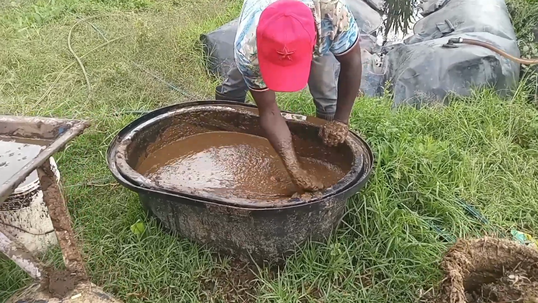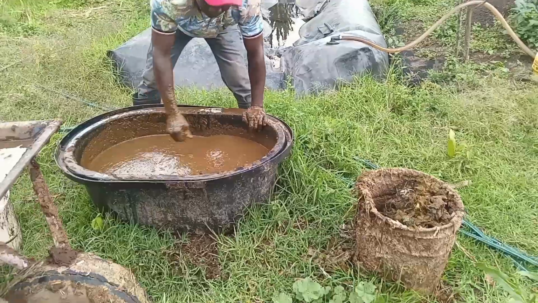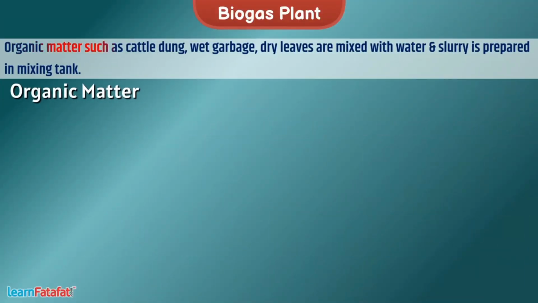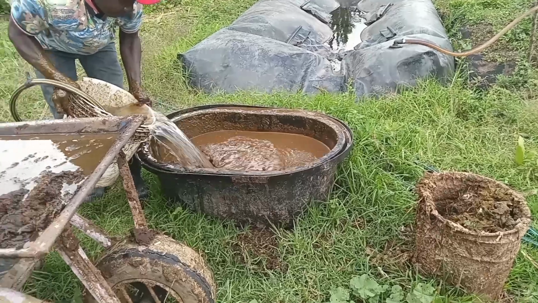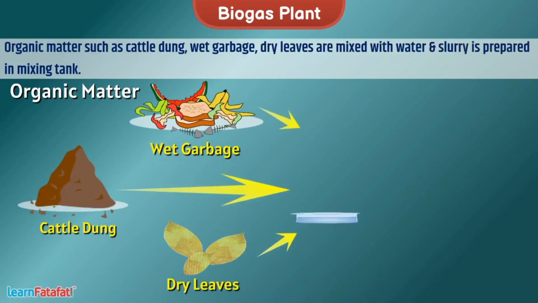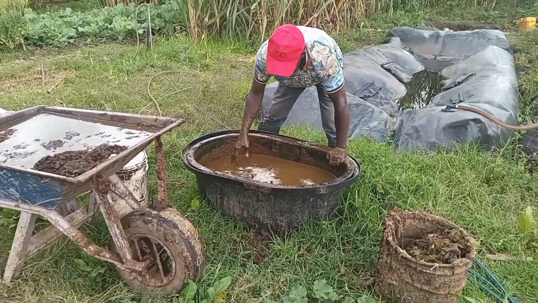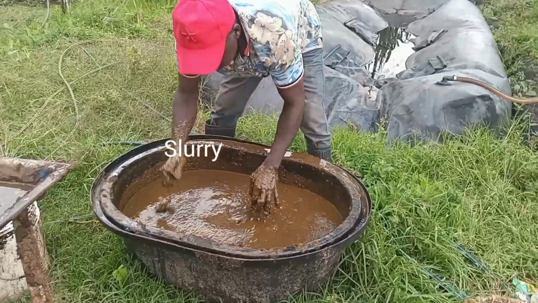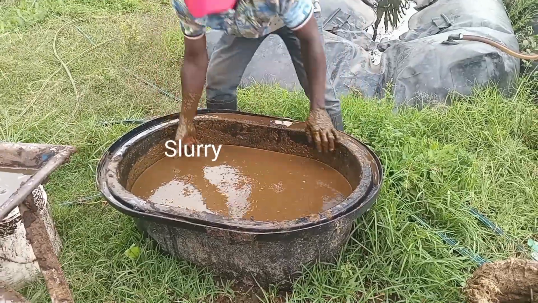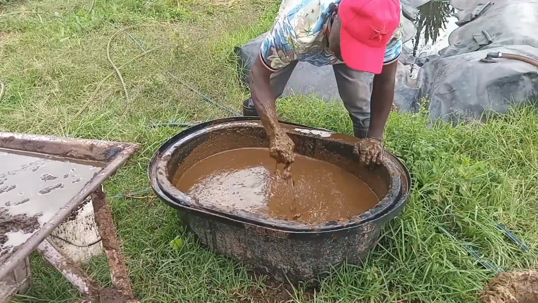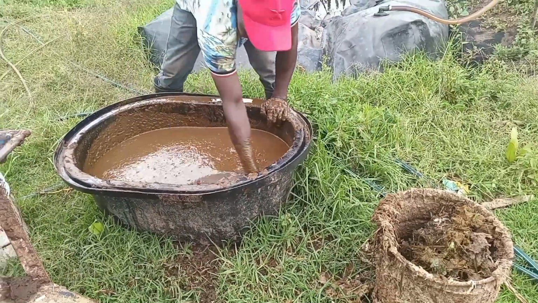Organic materials like cow dung, wet garbage, dry leaves are mixed with water, forming a so-called slurry. And this is prepared in a mixing tank.